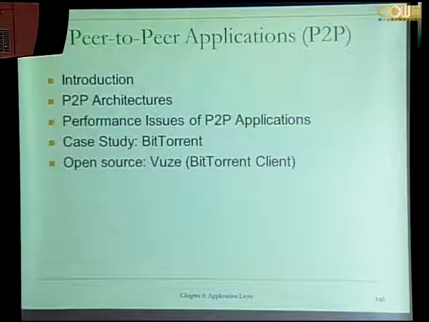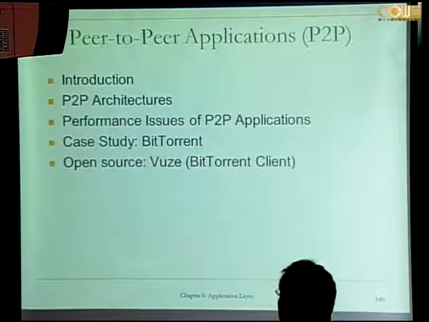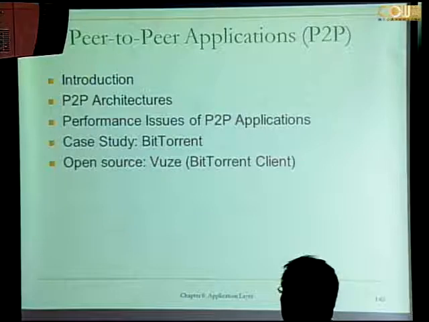Okay, that's the Darwin implementation. So next, we look at the final section, the final application, which is P2P.